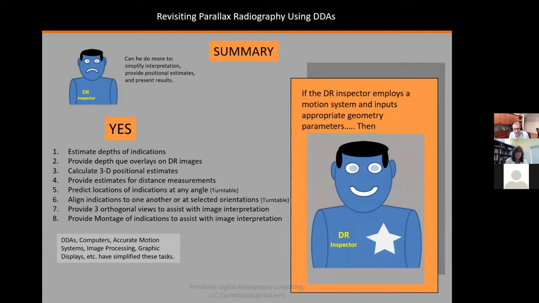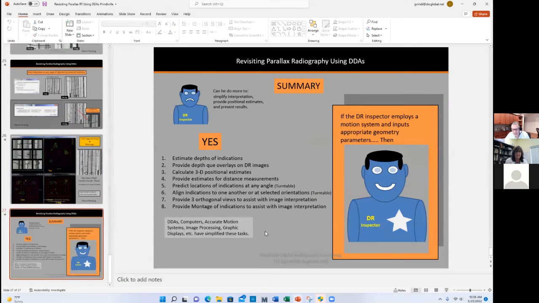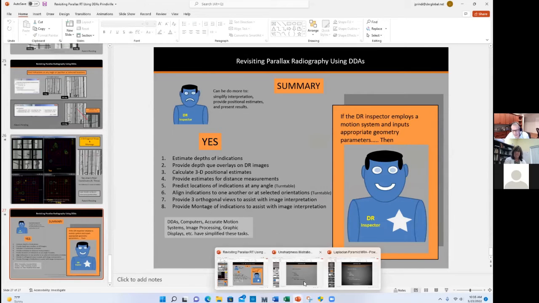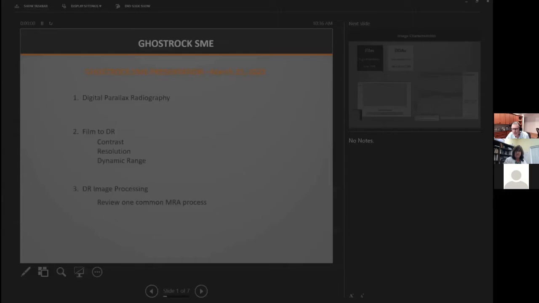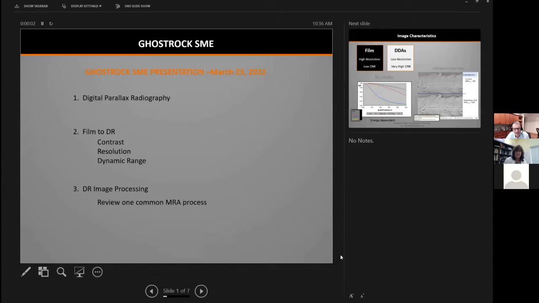So that pretty well summarizes what I have for the parallax radiography. I think maybe, do we want to take questions before we go on to the next section? I don't know if we have anything yet.